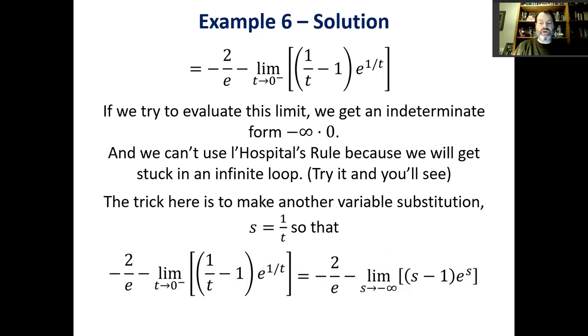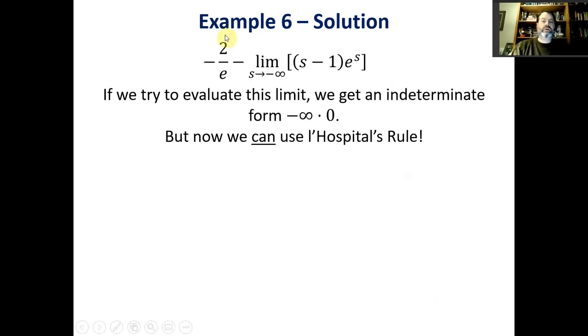So what happens when I try to evaluate that? Plug in negative infinity. I get negative infinity times 0. And you think to yourself, this is exactly what we just had. How is this better? It turns out that in this form, we are now allowed to use L'Hopital's rule. Even though it looks exactly the same, when you have this form, you don't get stuck in an infinite loop.